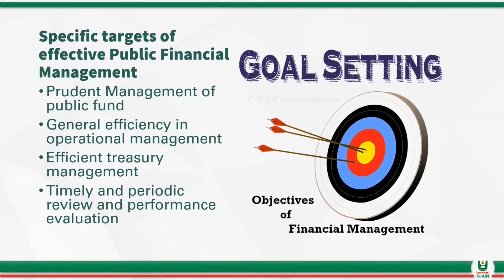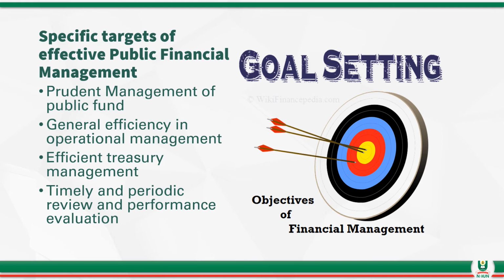So what are the specific targets of effective public financial management? If our financial resources are effectively managed, what are the targets that we intend to achieve? These are as follows. One, prudent management of public funds. Two, general efficiency in operational management. Three, efficient treasury management.